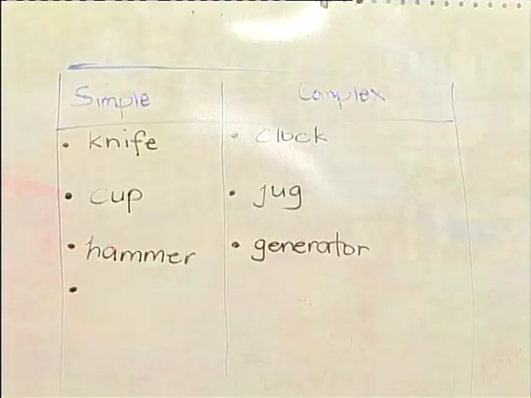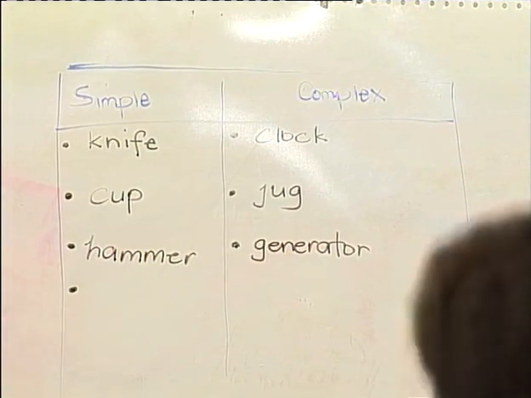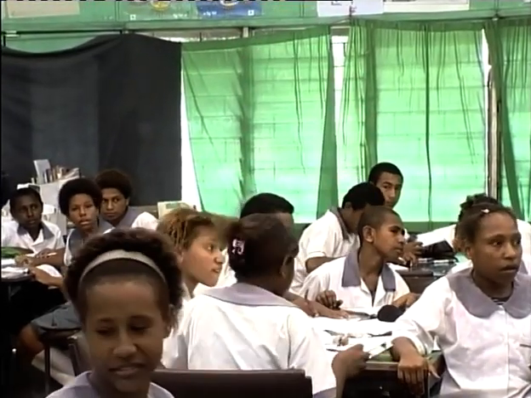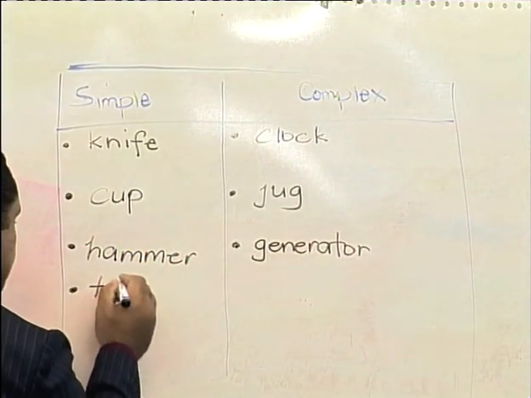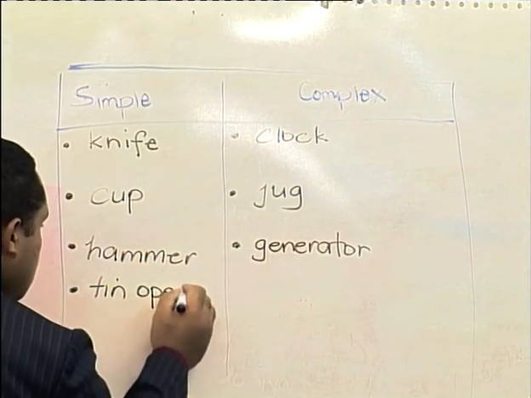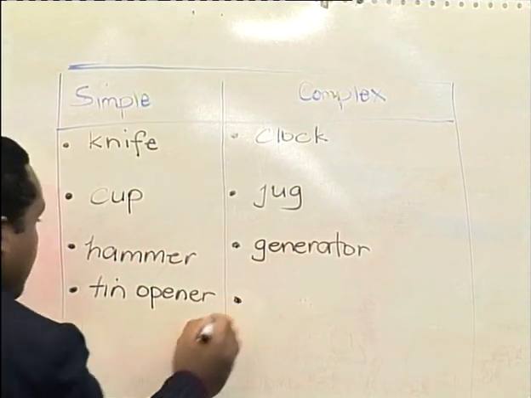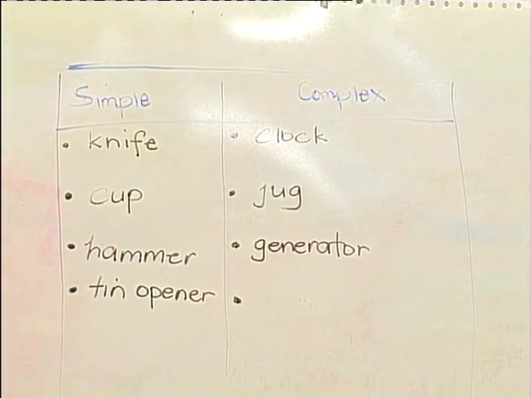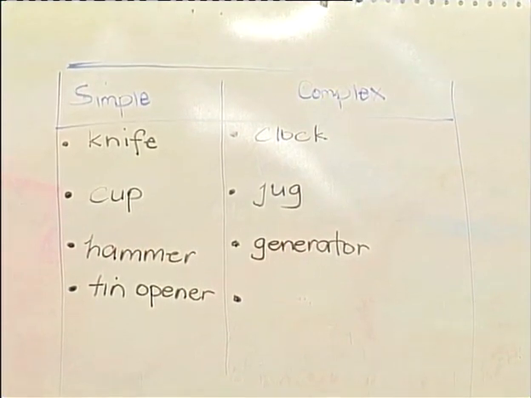Mobile phone. Good try. Simple machine. Helen. Tin opener, okay. Complex, last one. Robert.